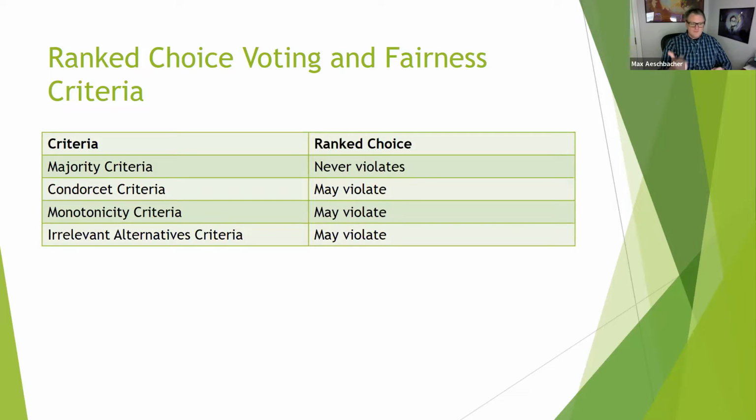But Condorcet, monotonicity, irrelevant alternatives, those are still on the table. Those could all be violated by the ranked choice voting instant runoff method. Although it is important to point out that just because it can be violated doesn't mean that it will be in any given election. But there are things about the method that allow these to be violated.